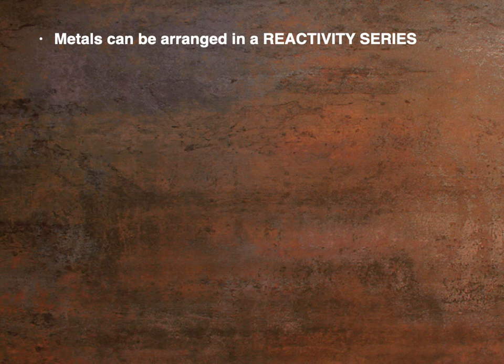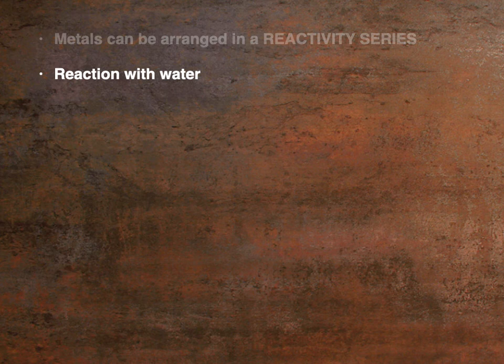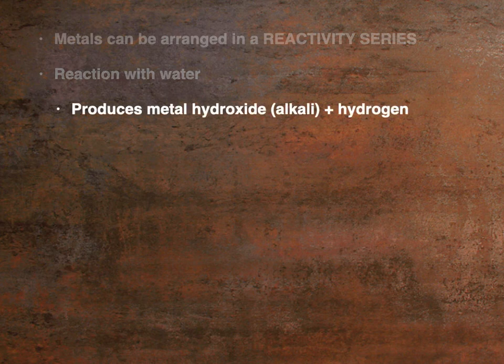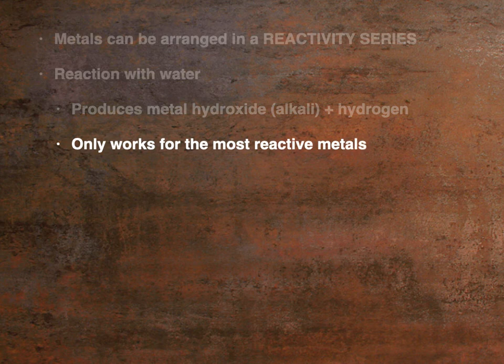Okay, so summing up. Metals can be arranged in a reactivity series. Some metals are highly reactive, some are highly unreactive, but most are somewhere in the middle. Some metals react with water, and those metals that do produce the metal hydroxide, which of course is an alkali, and hydrogen gas. But this only works for the most reactive metals. This, by the way, is why sodium, lithium and potassium are called alkali metals.